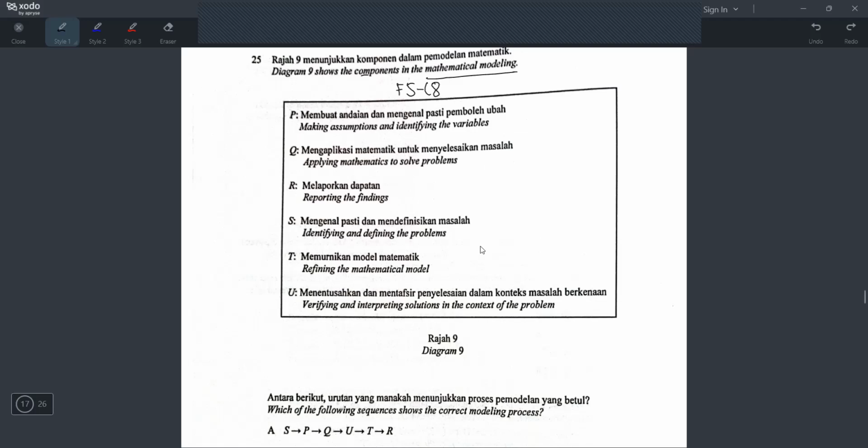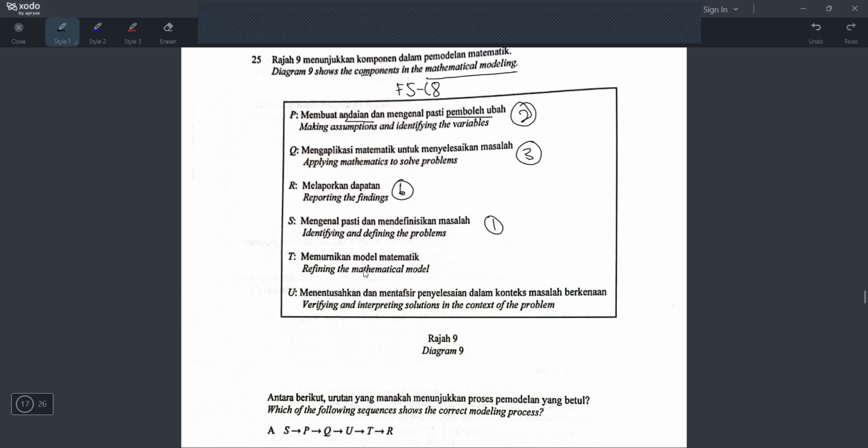Okay, so how to do? Which of the following sequence shows the correct modeling process? I will tell you now. Making assumption and identifying the variable, andaian and pemboleh ubah, this is step number 2. Applying mathematics, this is step number 3. Report, this one the last step, 6. Identify problem, step number 1.